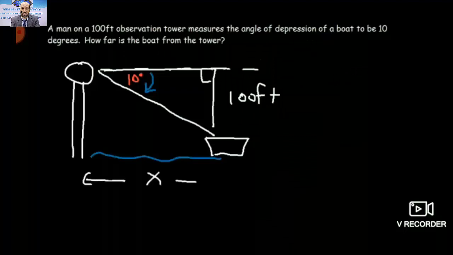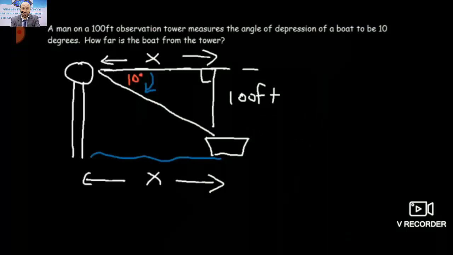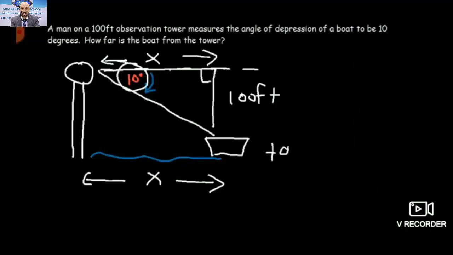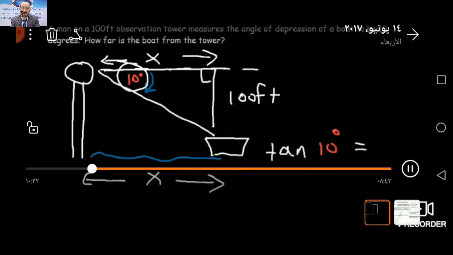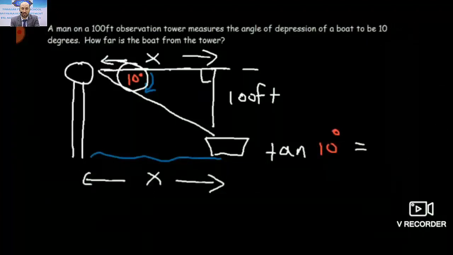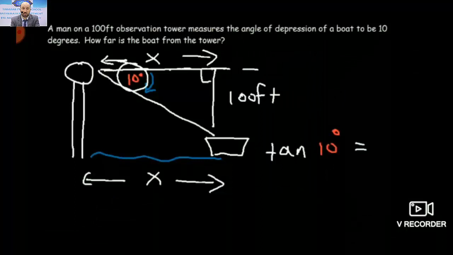Yes, this is the horizontal distance. How far is the boat from the tower? We can find it using tan 10. Why tan here? Because we need to find the horizontal distance. To find it, we have to rename all of these sides according to the angle of depression.